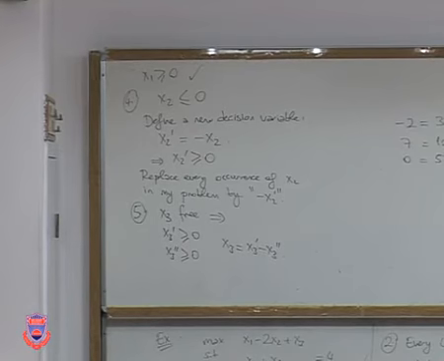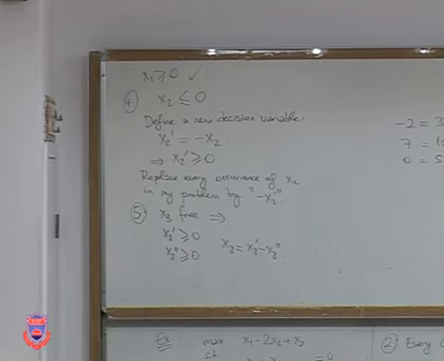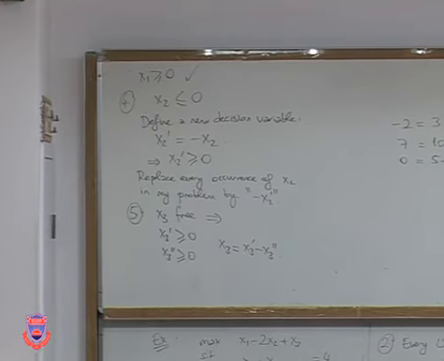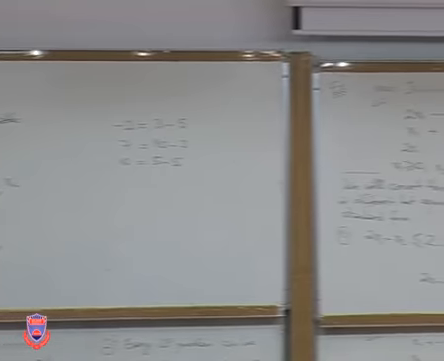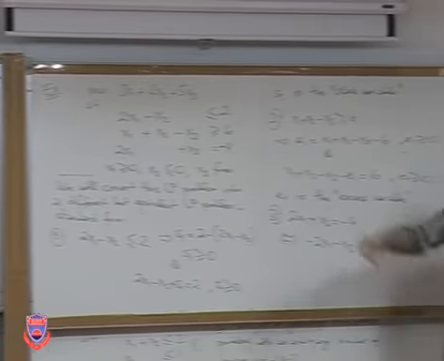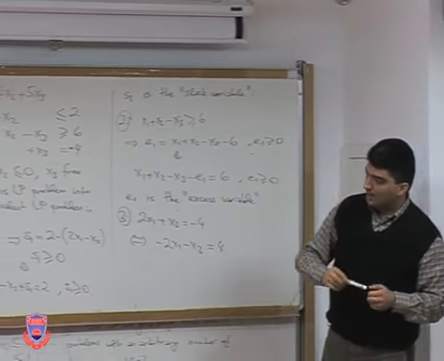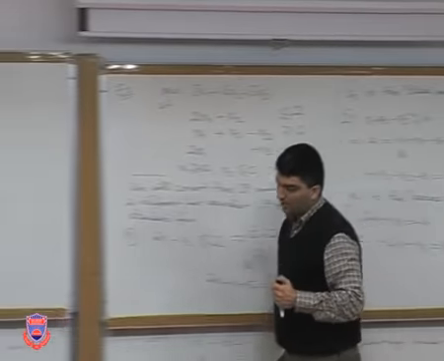So there are no sign restrictions, because if x3 prime is larger than x3 double prime, then you're going to have a non-negative number. If x3 double prime is larger than x3 prime, then you're going to have a negative number, and so on and so forth. Okay? So basically, by doing this, I can express every free variable as difference of two non-negative variables. Okay? And by doing this, I'm getting rid of this free variable. Okay? And instead, I'm having two new non-negative variables.